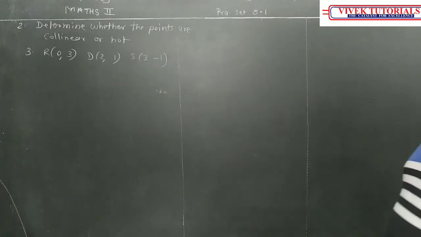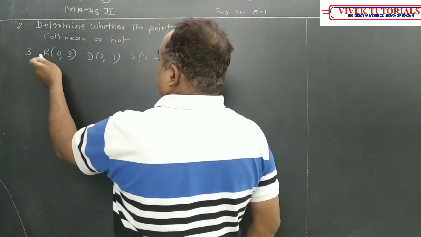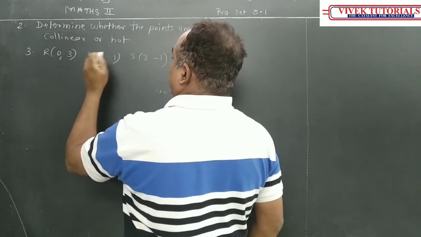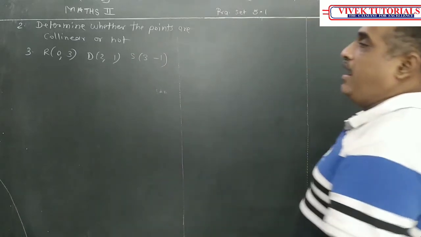Determine whether the points are collinear or not. So 3 points are there. R is (0, 3), D is (2, 1) and S is (3, -1).